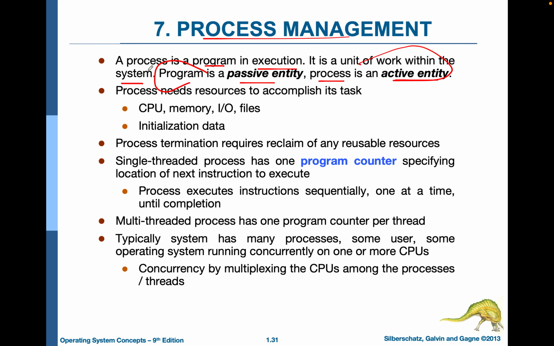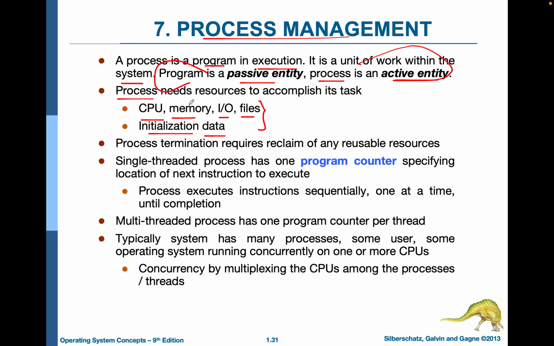You need to know the differentiation between these two. A process needs resources to accomplish its task, like the CPU, memory, input output, the file itself, and also initializing data. Most of this you already learned in your COA subject, and it is related to process.